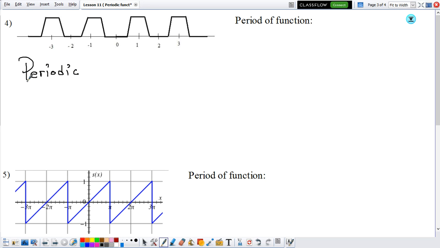So now, what we need to find out is, what is the period? To me, I would locate the lower right point of one of those mountains here. So let's see, how long is it going to take me to go from this point to that same point to the right?